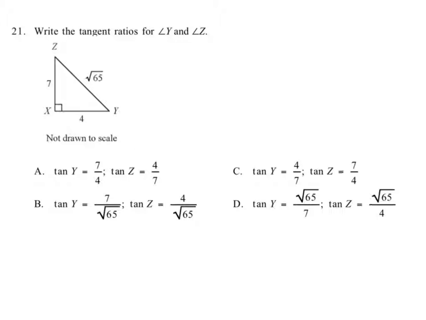So here's the next one. And the tangent ratio for angle y and angle z. So we need tangent of angle y. Let's start here. Tangent, remember TOA, tangent of y is opposite over adjacent.